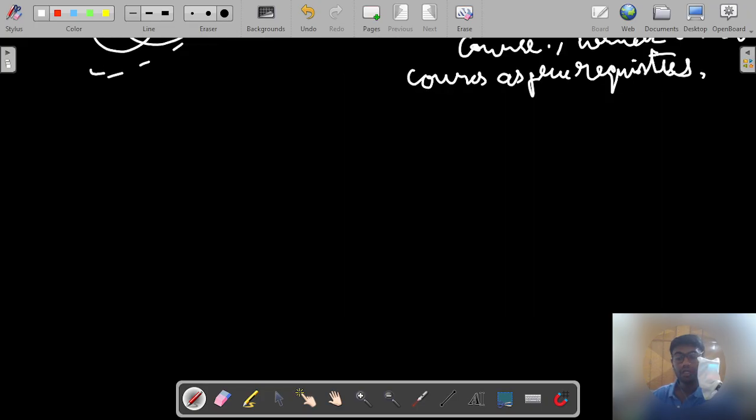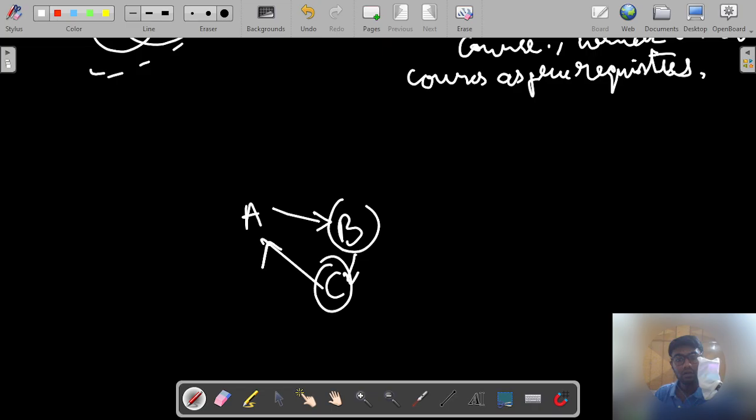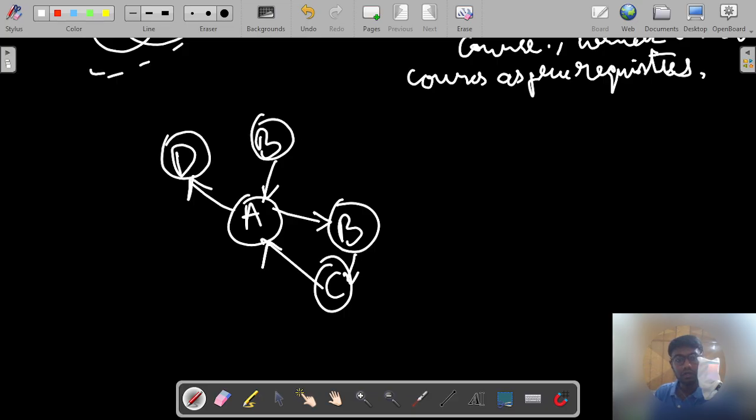For understanding acyclic graphs, let's say we have A, B, C, and D, B are two different nodes, but if you see here, this gets to be a cycle.